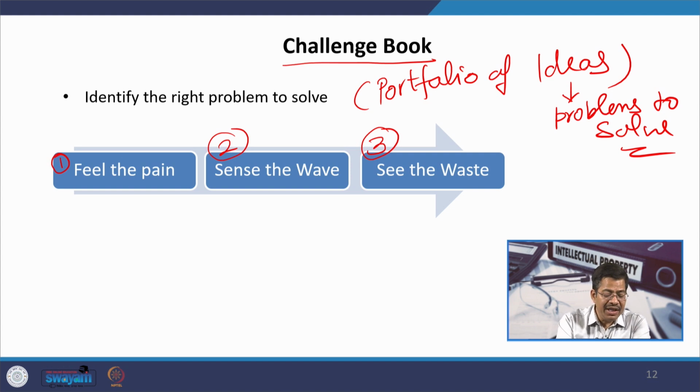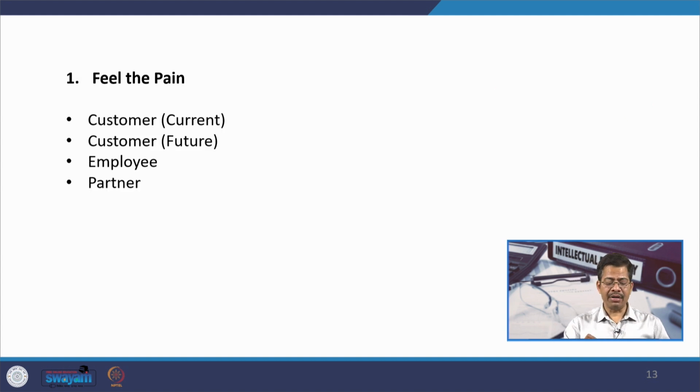What is the meaning of feeling the pain? Feeling the pain means you are having some kind of needs and I am not able to identify those needs, and then when I identify those needs, this is known as feeling the pain.